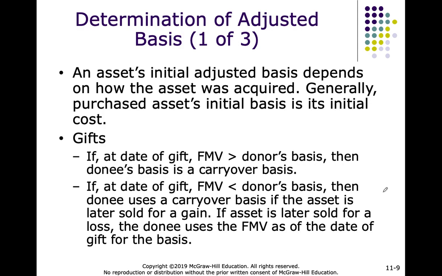If on the date of the gift the fair market value is less than the donor's basis, then it depends. If we have a gain, then we're going to use the donor's basis. If we have a loss, then we're going to use the fair market value.